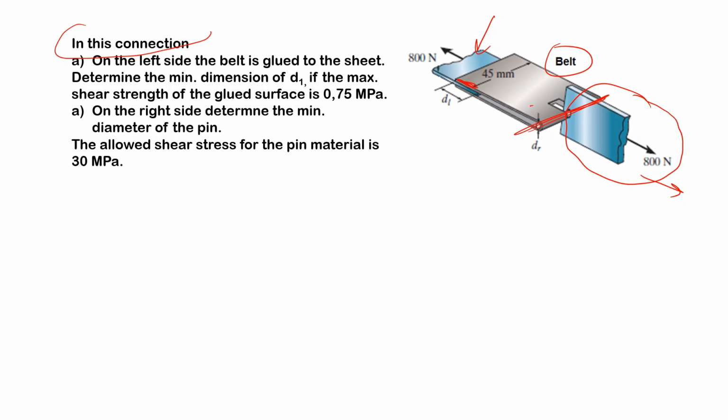The maximum shear strength of the glued surface, that means we glue a sheet to a belt, and there is a maximum stress which can be carried by this connection, that is 0.75 megapascals. So you have to determine this length so that there will be no failure.